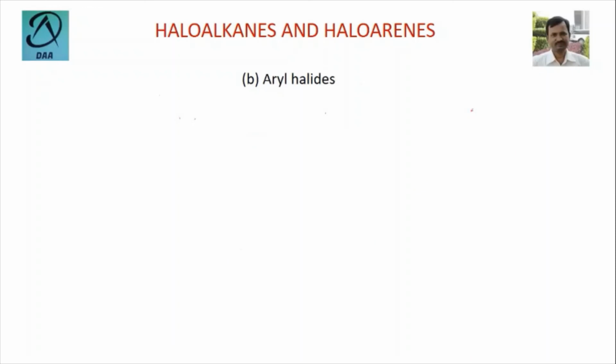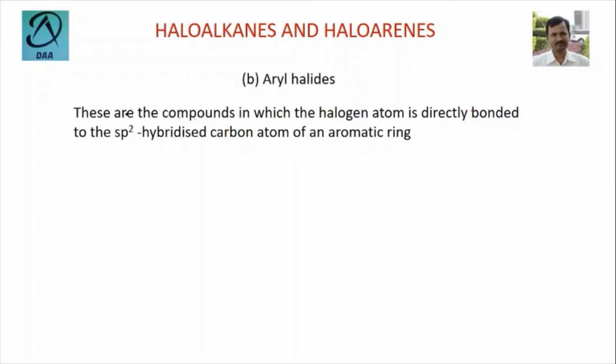Now aryl halides. These are the compounds in which the halogen atom is directly bonded to the sp2 hybridized carbon atom of an aromatic ring. That means in the aromatic ring, whatever carbon is there, with that carbon this halogen atom directly will attach.